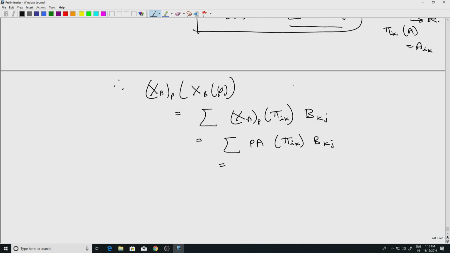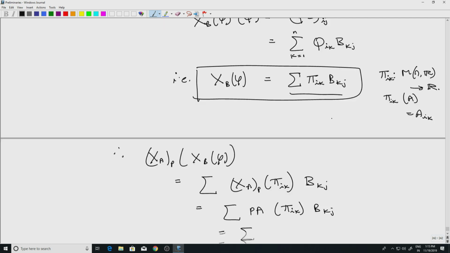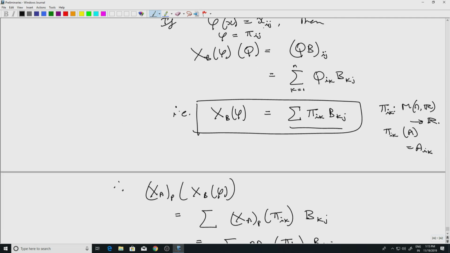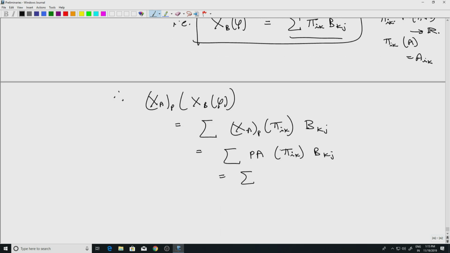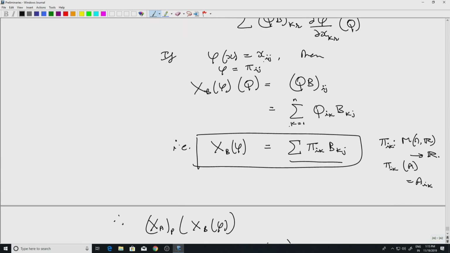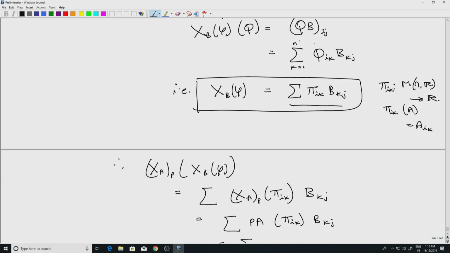So ultimately the same logic will leave us with this expression, pi_ik, as a function. The only difference between this computation and here is that we are just interested in the value at the point p, rather than a function. So we just take a specific point and we'll get this expression here.